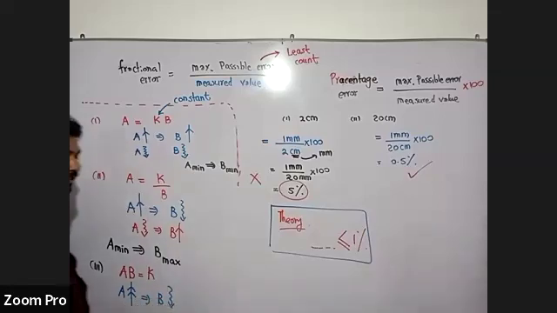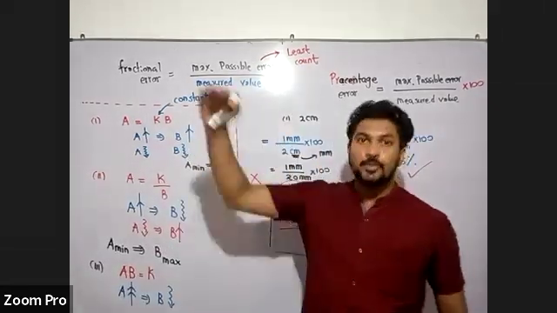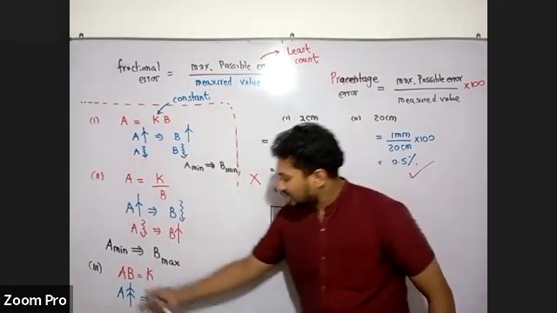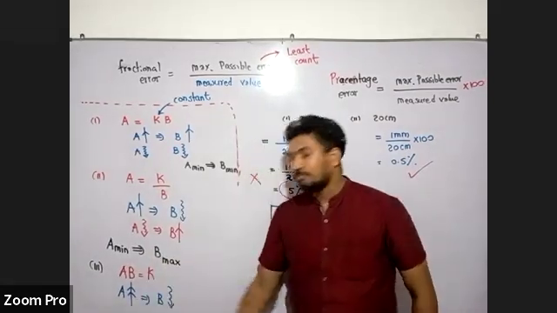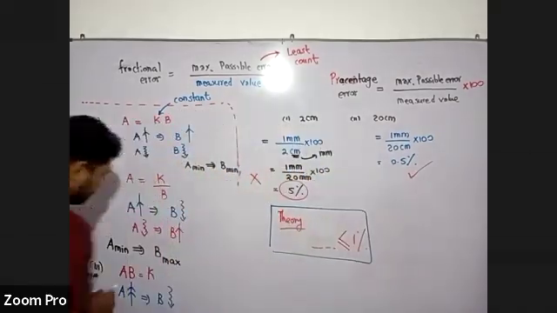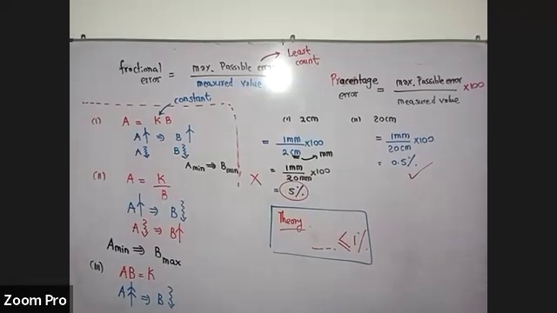Keep in mind that B has a reciprocal relationship. When A is increased, B should decrease. So the relationship between A and B is reciprocal. This proportionality will help you when obtaining a relationship between two physical quantities.